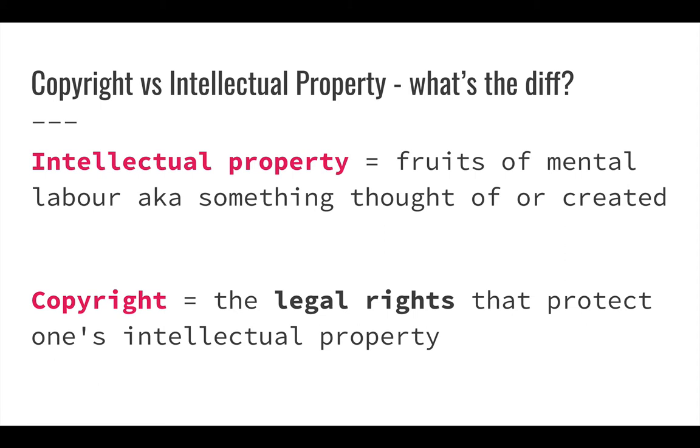So my intellectual property is the fruits of mental labor, or basically something that has come to life, either an idea or something physical, because of some kind of thought or process that I have done. Either something I've thought of or something I've created is basically the summary. Okay, so I own intellectual property, so I either own my ideas or my thoughts or something I've created.